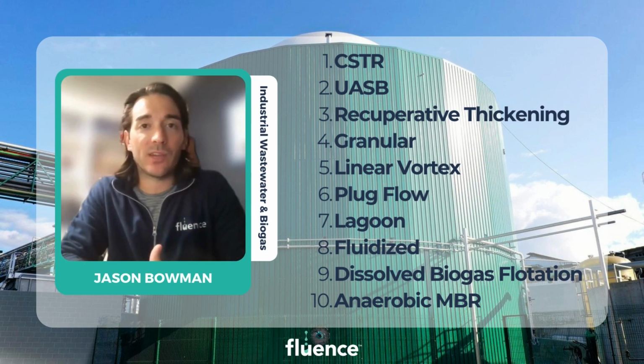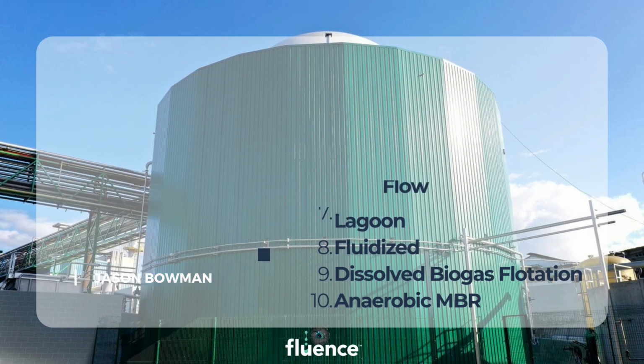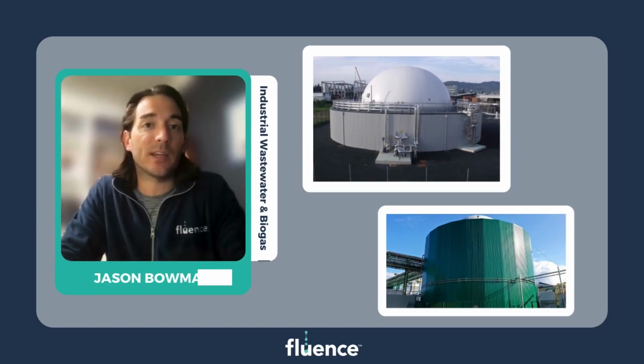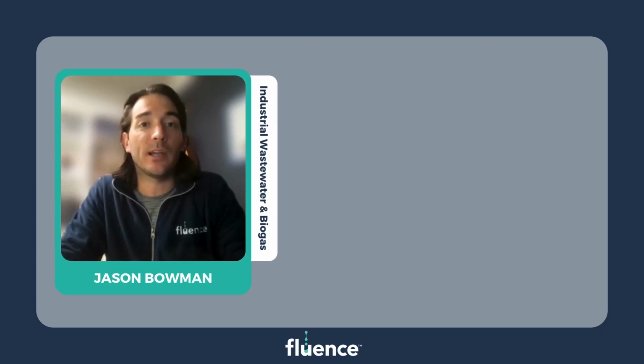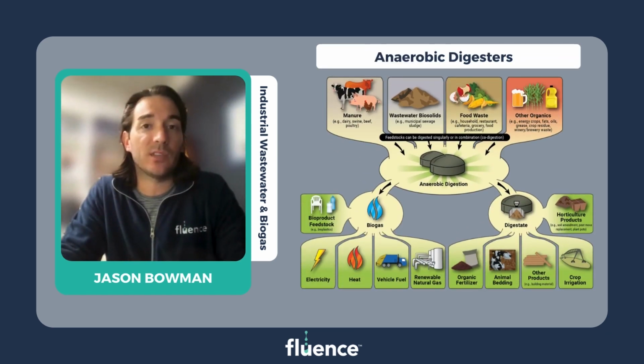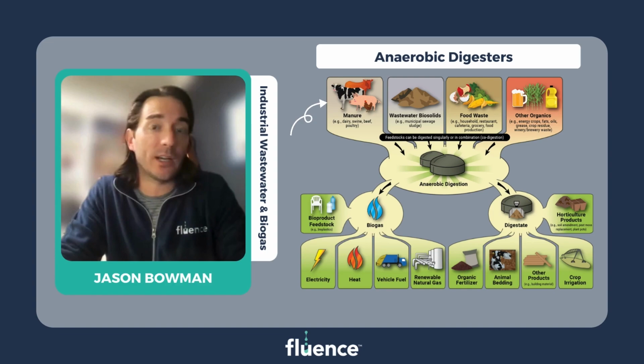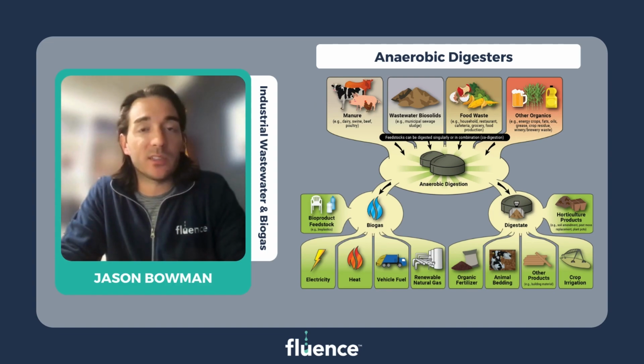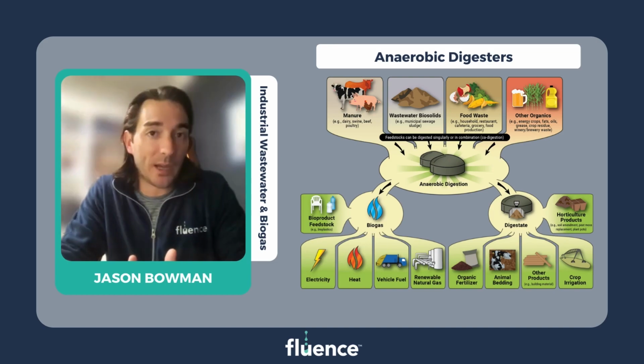Before we can really answer that, we need to focus on the design fundamentals and what it means to design a digester. Most people know the basics about digesters. Today we're going to talk about anaerobic digesters specifically. So an anaerobic digester takes in organic wastes. This can be a solid form, a liquid form, or a slurry, i.e. a combination of that. And what happens in the process is we're relying on bacteria, microorganisms to break down this organic waste into more favorable byproducts.